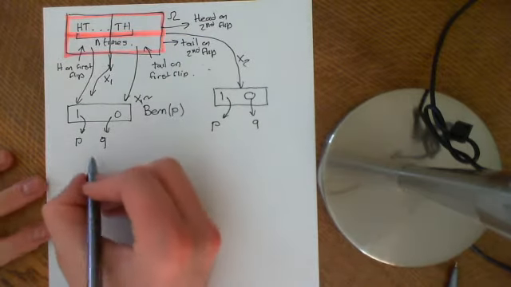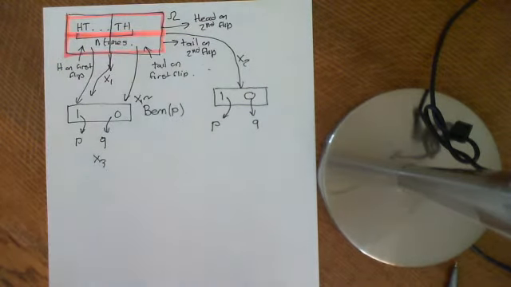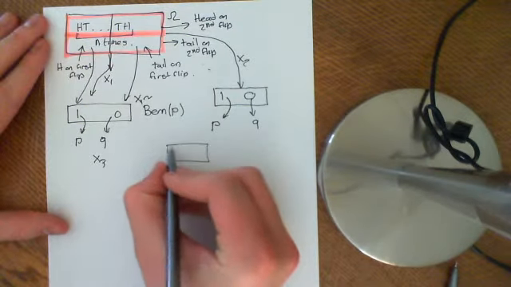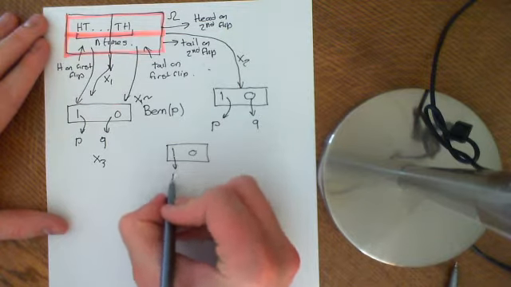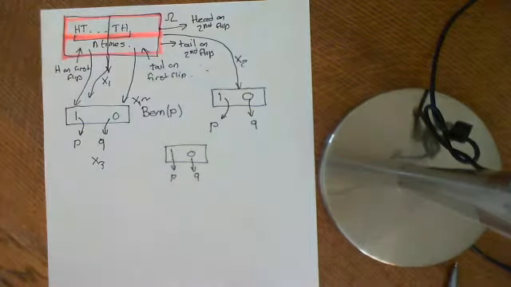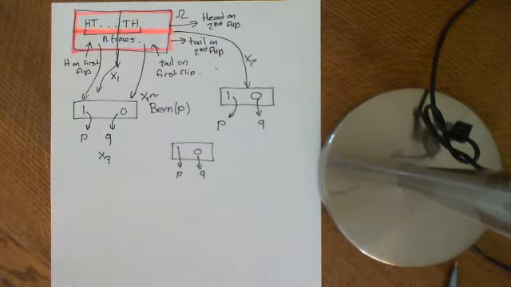Let's define x3 to be the random variable which maps onto, again, the same probability distribution, 1, 0, p, q. It maps the event that you get a head on the third flip onto 1, and the event that you get a tail on the third flip onto 0.